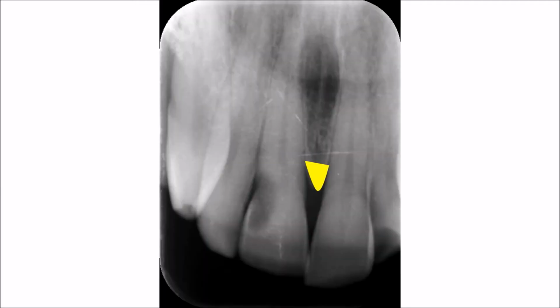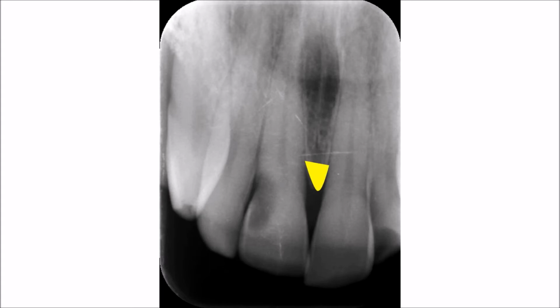Another radiograph shows us the normal radiographic appearance of the alveolar bone crest between these two central incisors. Again, the same appearance is seen, pointed, knife edge.